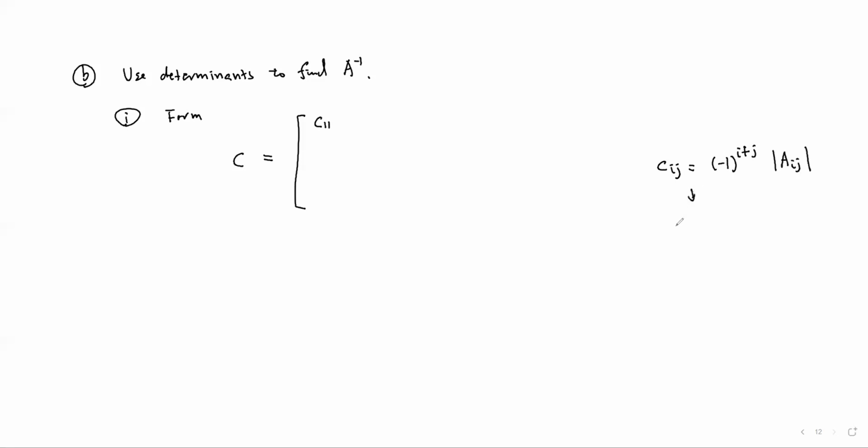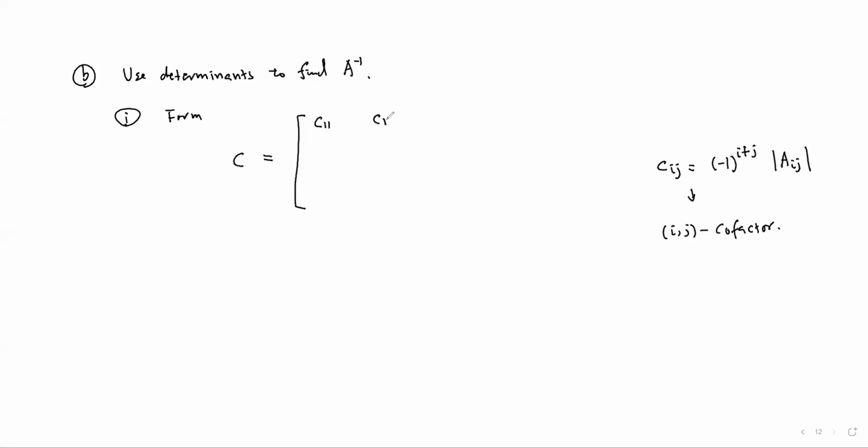We call this number the ij cofactor, a different name. So matrix C is a matrix of cofactors. Form the matrix of cofactors.